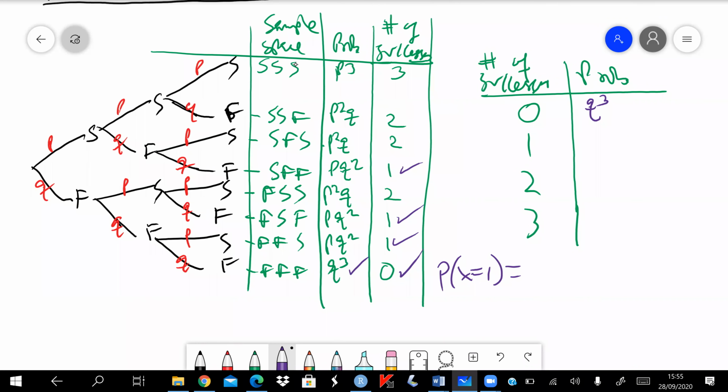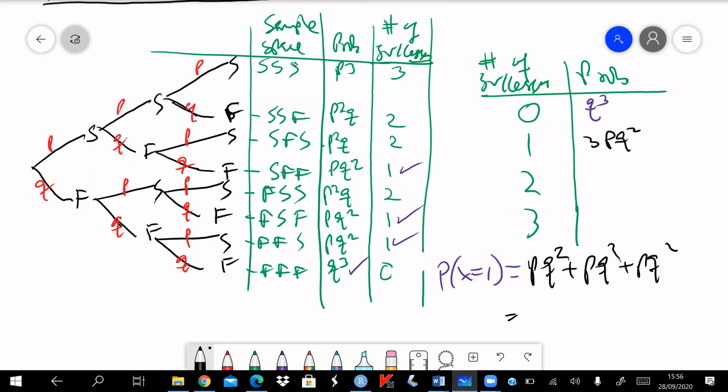Then you add those probabilities. So this is PQ squared plus PQ squared, again plus PQ squared. So this gives us 3PQ squared.